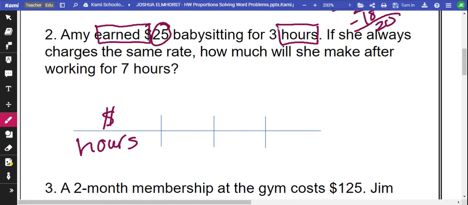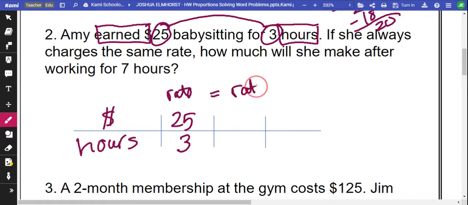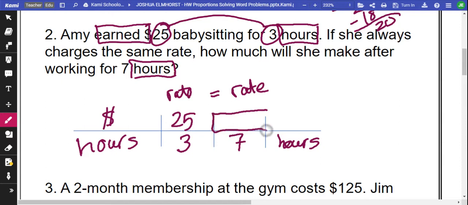So then we look at the numbers. 25 over 3, and this is the equivalent rate. And then we want to write an equal rate here that's asking about hours, 7 hours. And this is what we're looking for here.